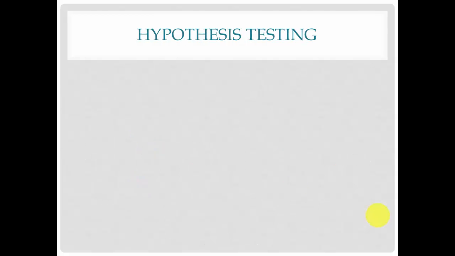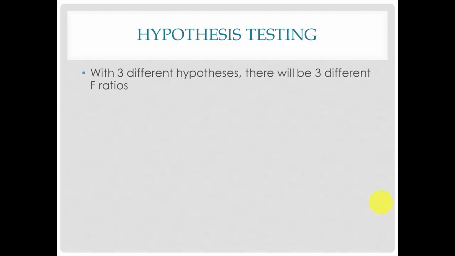Okay, so for hypothesis testing with the two-way or the Factorial ANOVA, we're actually going to have three different hypotheses. Recall that we have a hypothesis for the main effect of the first independent variable.